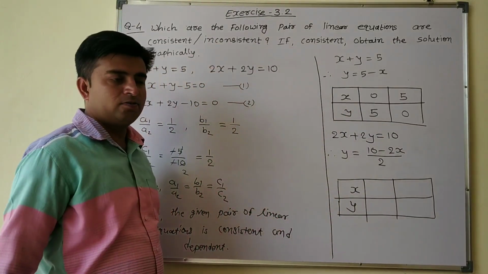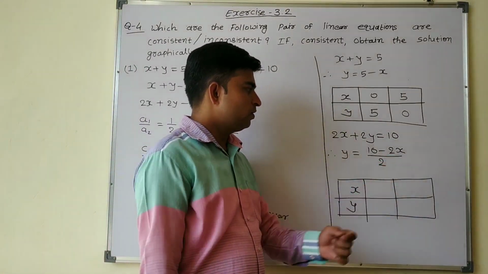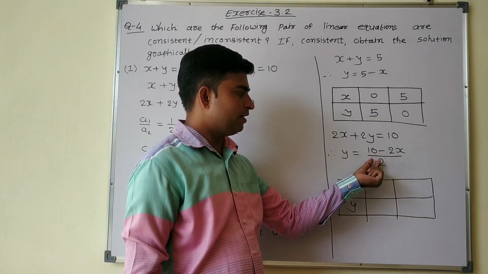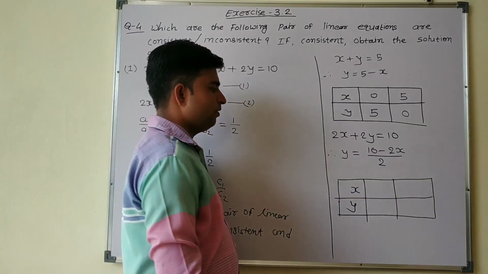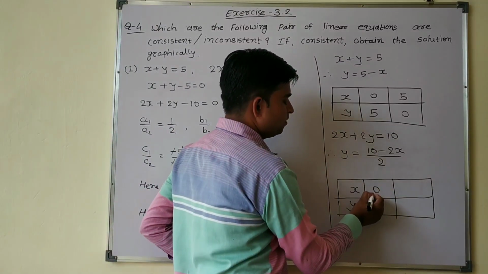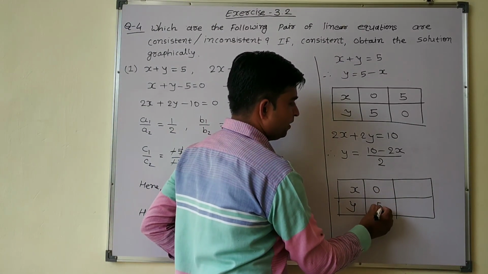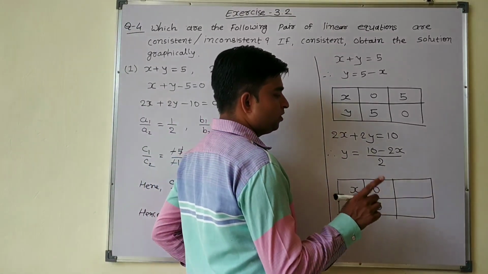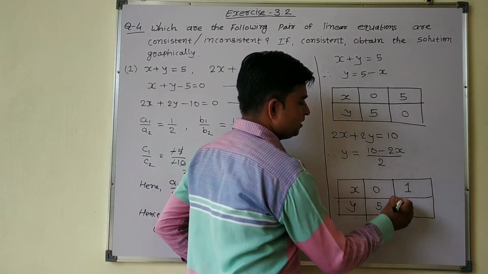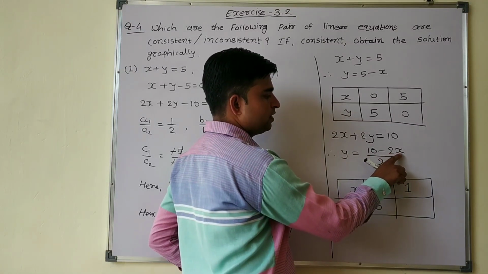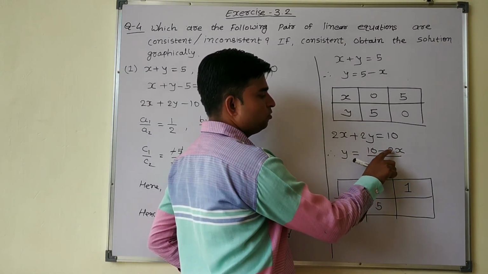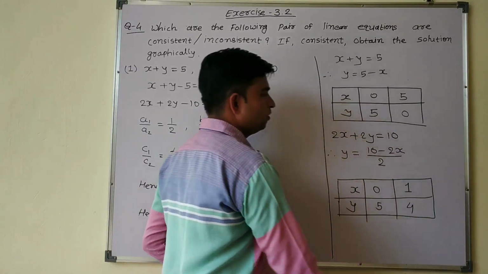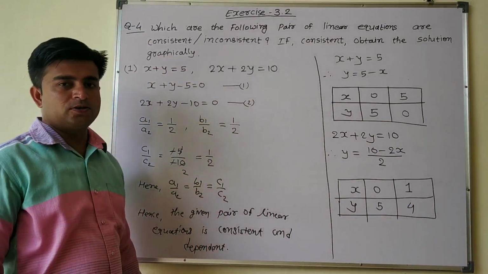If we take x equal to 0, then 2 into 0 becomes 0, and 10 upon 2 becomes 5. So if we take x equal to 0, y becomes 5. If we take x equal to 1, 2 ones are 2, and 10 minus 2 becomes 8, and 8 upon 2 becomes 4. So that is the second solution table.